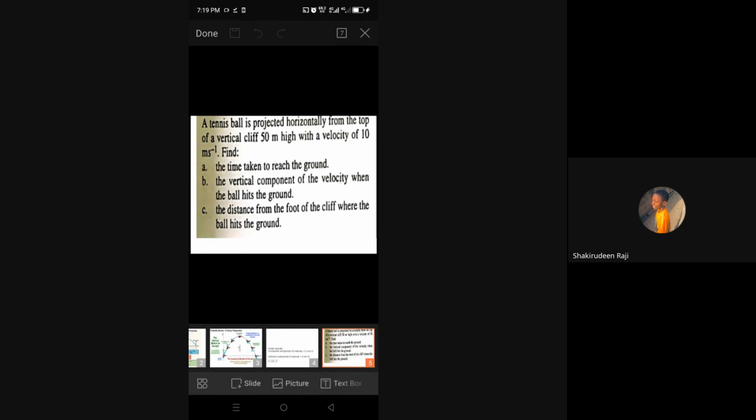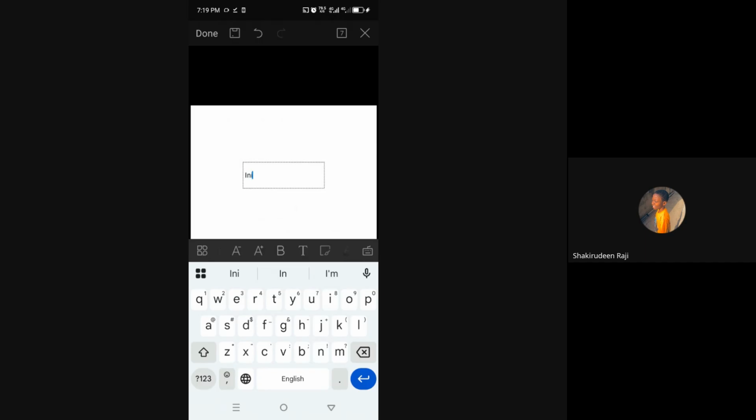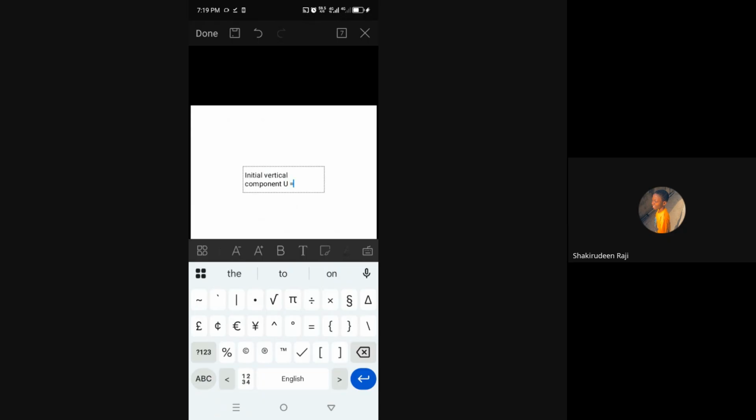The initial vertical component is still going to be 0. So it means your u is still going to be 0.